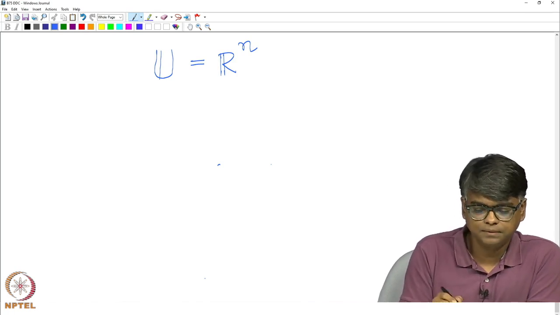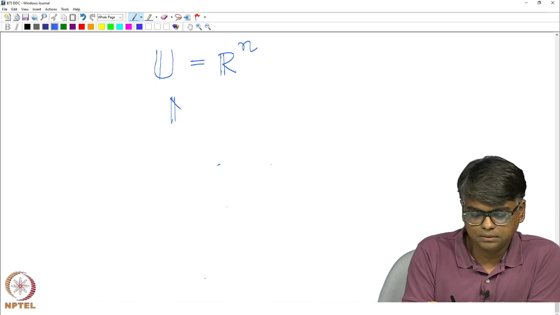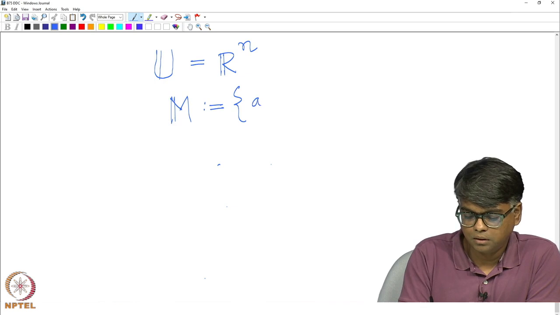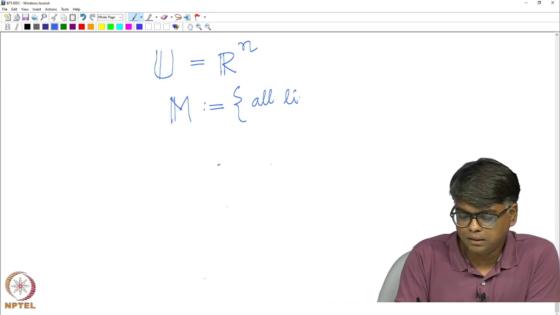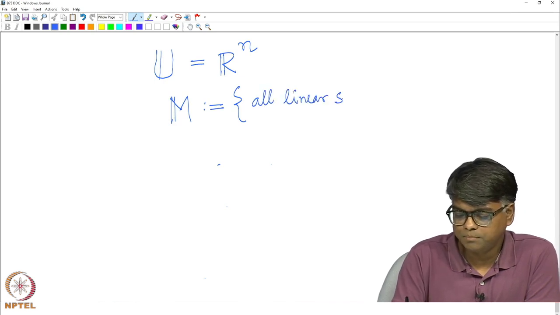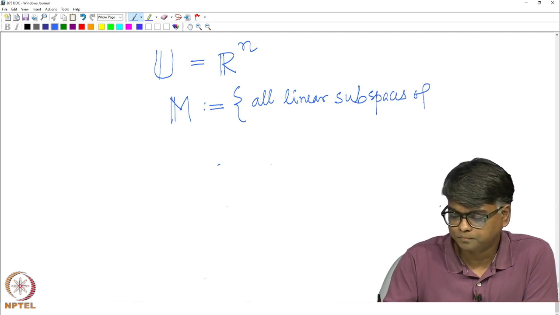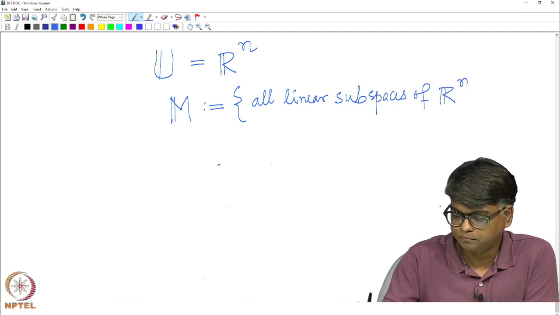What is the model class? Suppose the model class is the collection of all linear subspaces of R n.